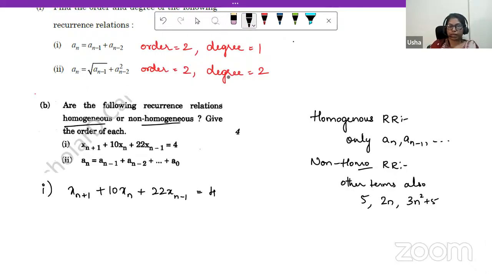Highest subscript should be n. Here n plus 1 is there, so I need to subtract 1 from all the subscripts.